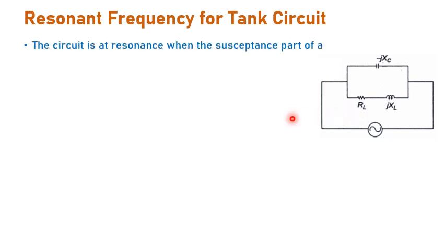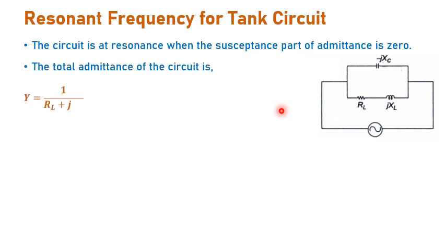The circuit is at resonance when the susceptance part of the admittance is 0. We know that Y is equal to G plus jB, where when B is equated to 0, at that time the resonance occurs. So the total admittance of the circuit is, this branch has an admittance of 1 by minus jXC.